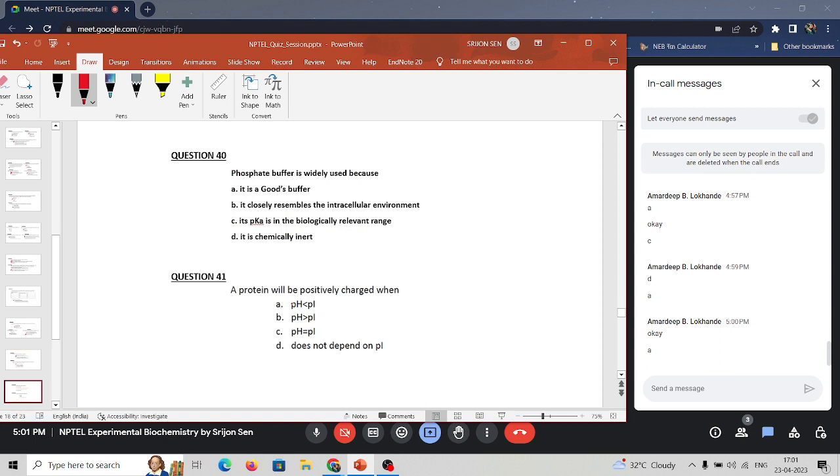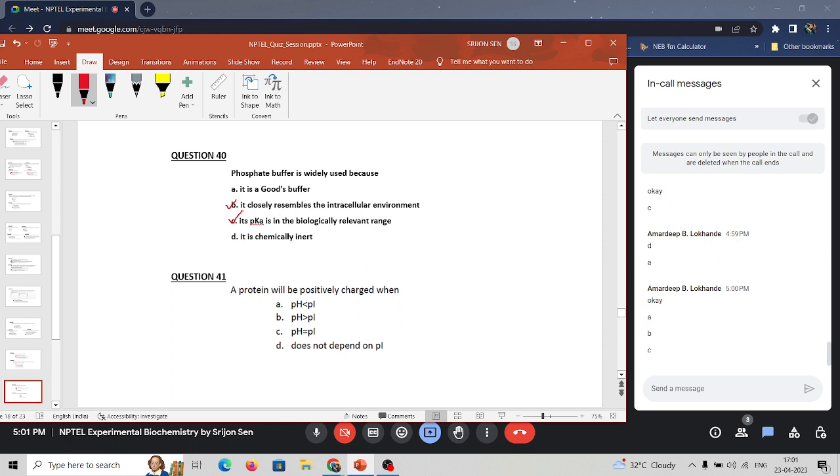Phosphate buffer is widely used because, why do we use phosphate buffer? B, because it closely resembles the intracellular environment. That is right. Any other option? Yes, its pK is in the biologically relevant range. Because of these two reasons, phosphate buffer is widely used and preferred over Tris.